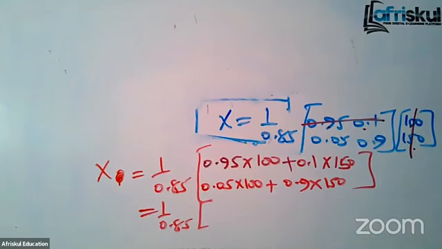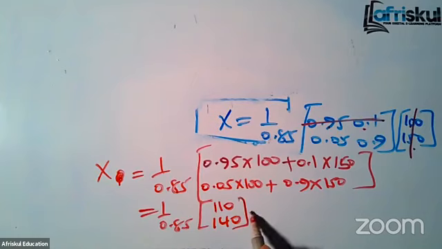I can see George has given me figures there: 0.95 times 100 plus 0.1 times 150 gives me 110. The second one will be 0.05 times 100 plus 0.9 times 150, which gives me 140.